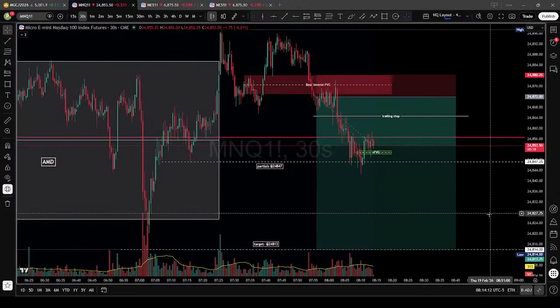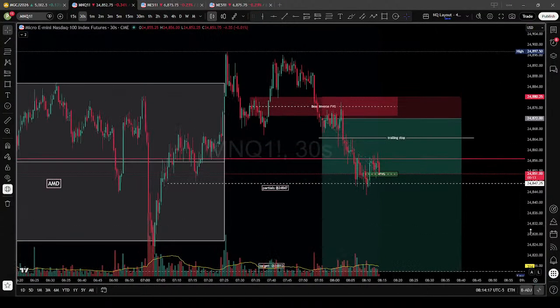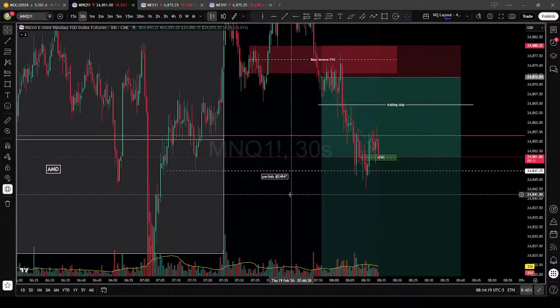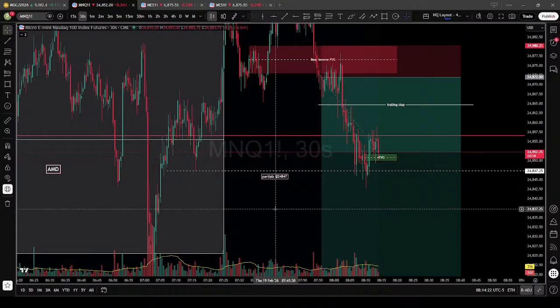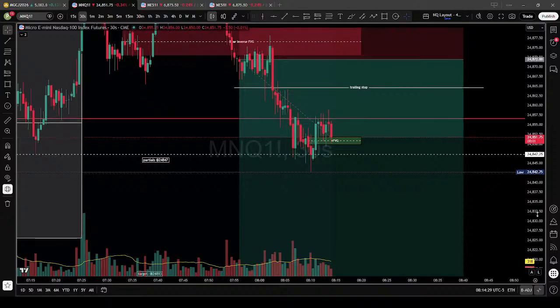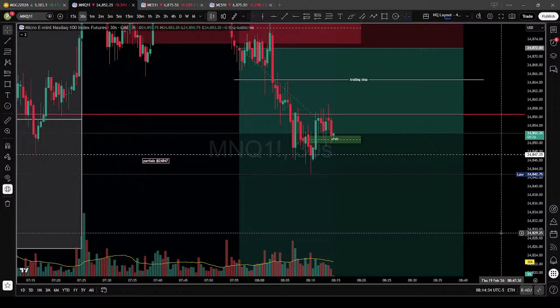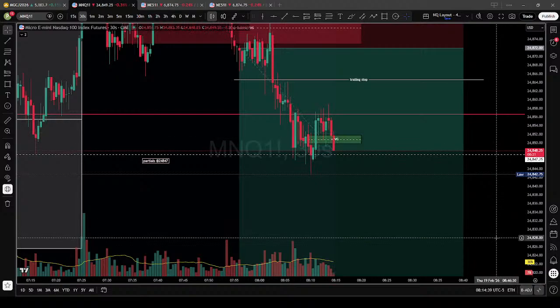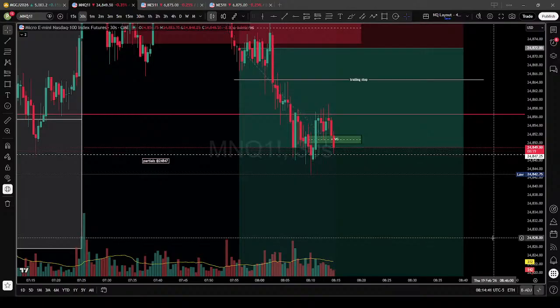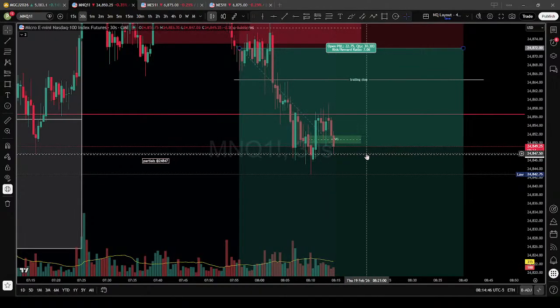The draw on liquidity right now is 24,813 because of this AMD model. We should see the price move downside if this 30-second candle closes below this fair value gap.